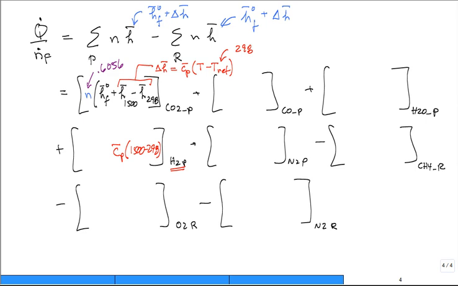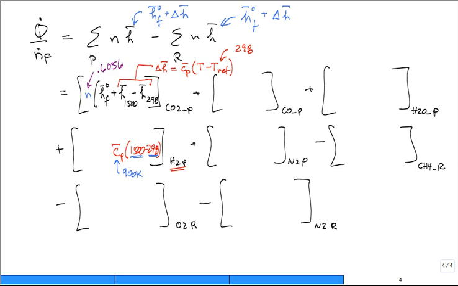Make sense? Now, look at the temperature. It's going from 300 Kelvin to 1500 Kelvin. Evaluate the specific heat at the average temperature of those two, and that's close enough. So you take 1500, add 300, 1800, divide by 2. Evaluate this C sub P bar at 900 Kelvin, good enough. Okay? Make sense?